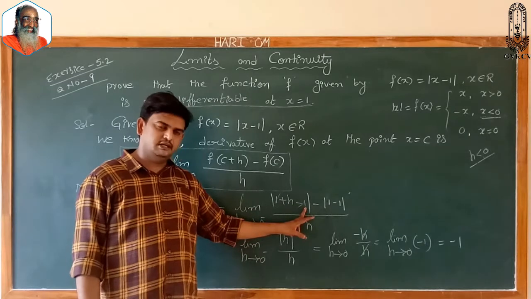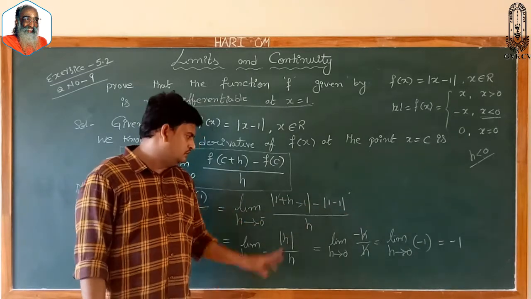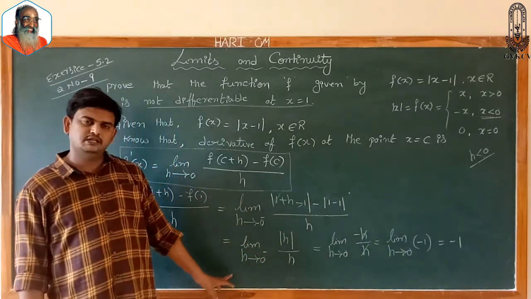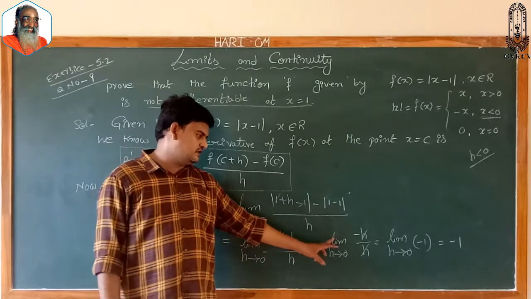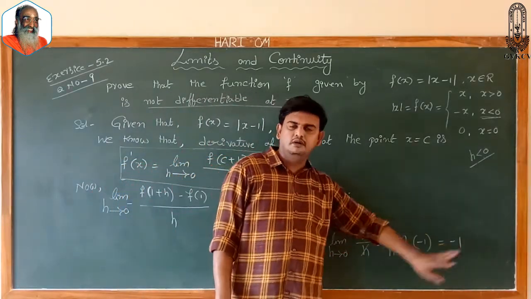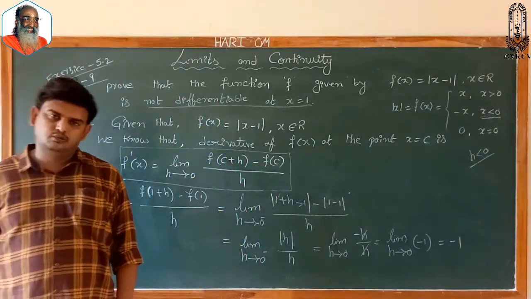Plus 1 and minus 1 can get cancelled, 1 minus 1 is 0, modulus of 0 is 0. So modulus of h by h. h less than 0 means modulus of h becomes minus h. So h can get cancelled, we get minus 1, and finally the left hand limit is minus 1.